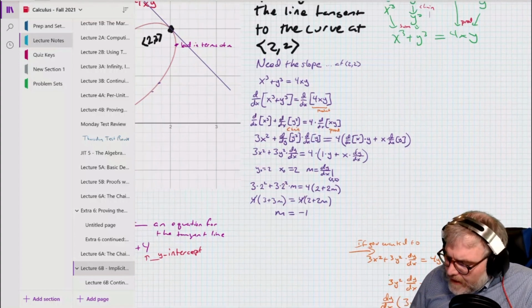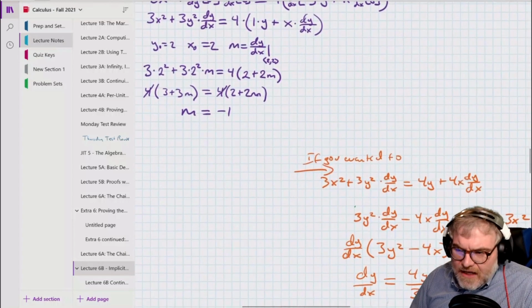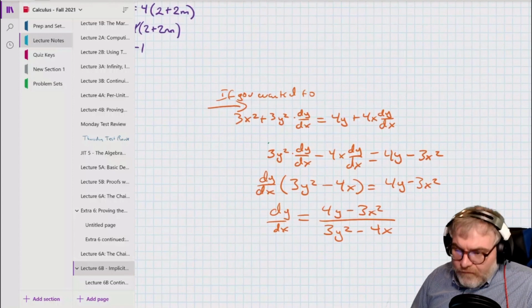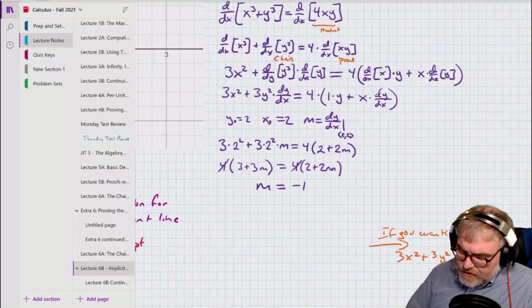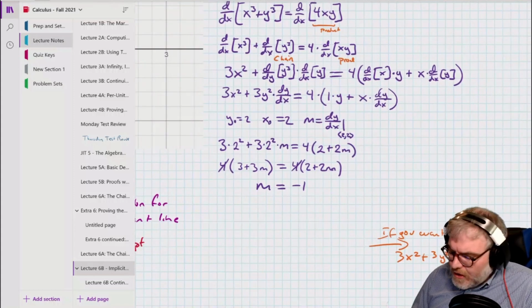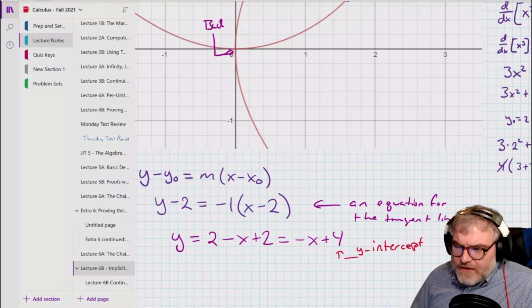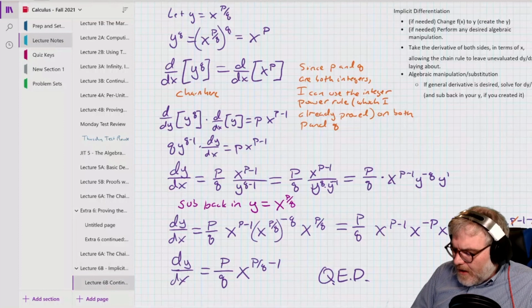I also made the point that if what it wants is something specific, you don't have to do all this stuff to actually solve for dy over dx explicitly. If what you actually want is just what's going on at a particular point, you can actually just start subbing in once you have an equation with dy over dx in it. Okay, so that's why I found the equation of the tangent line here. And then we did the power rule.